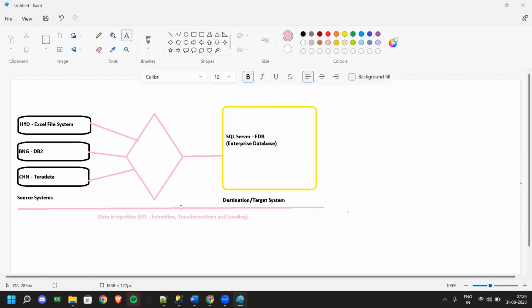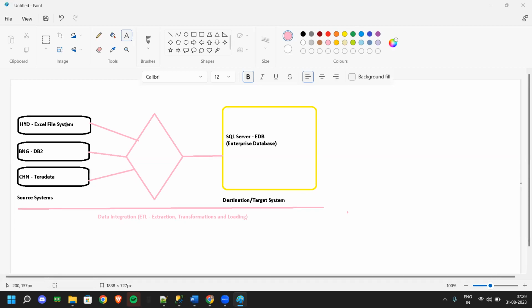Sir, what do you mean by the ETL process? Extraction, transformation, and loading. It's a combination of three different activities. Very nice. What do you mean by extraction? From the source, from Excel, what are you trying to do? You are reading the data or writing the data? Reading the data. Pulling or pushing?